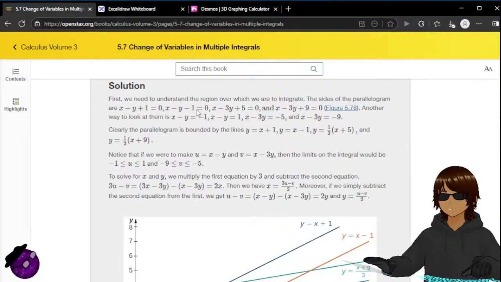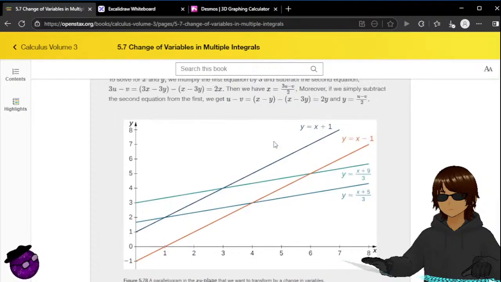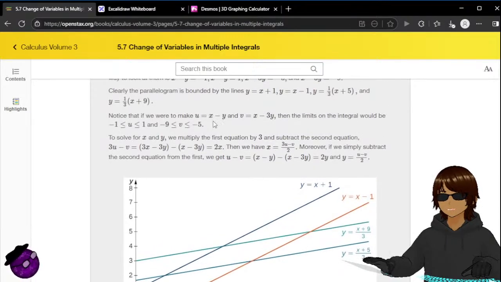Here we get y is equal to x minus 1. Okay, notice that if we were to make u is equal to x minus y and v is equal to x minus 3y, then the limits of the integral would be minus 1 to 1, minus 9 to minus 5. Why are we choosing this?